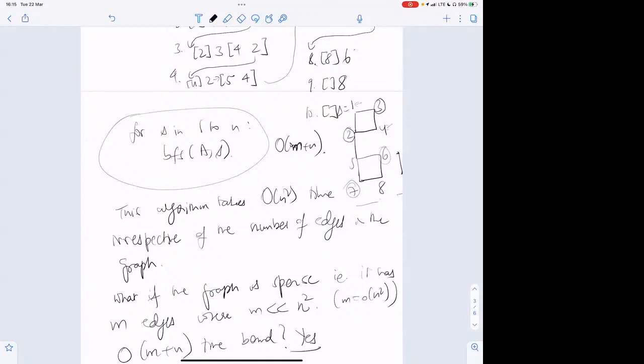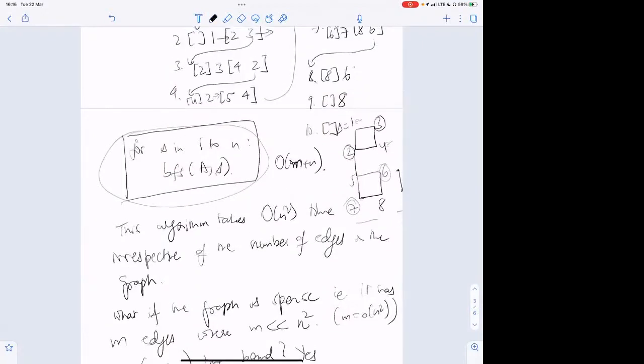So the claim is that this algorithm, it's not of much use, but we will make it useful in a second. What is the complexity of it? Someone had claimed that naively speaking it is n times m plus n, but it is also equal to order m plus n. This is a better bound.